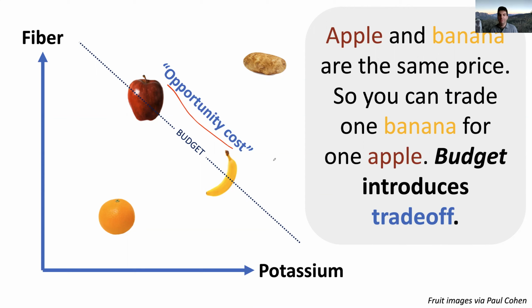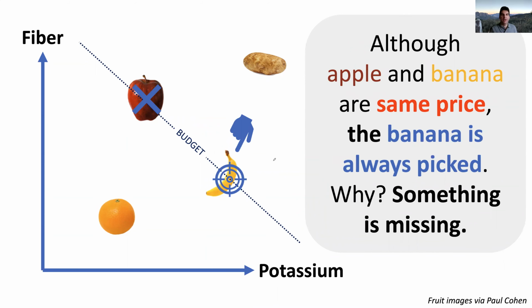So if we keep that in mind and we give a bunch of people this choice, we might notice that even though the apple and the banana are both the same price, out of 100 people, all 100 or maybe 99 of them choose the banana. Or maybe we give the same person the choice 100 times.